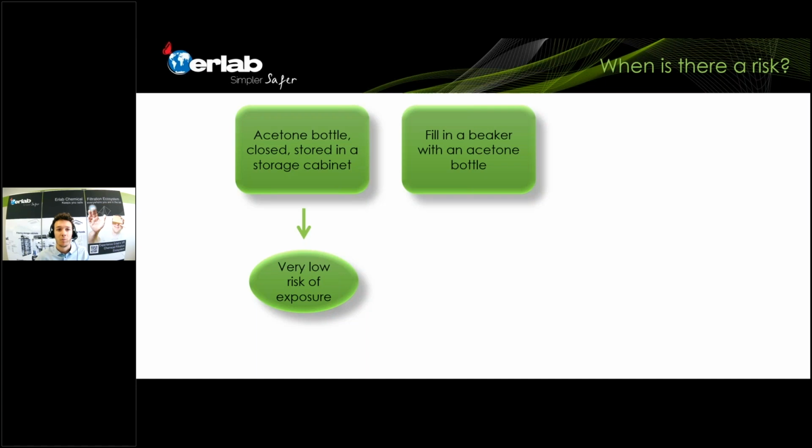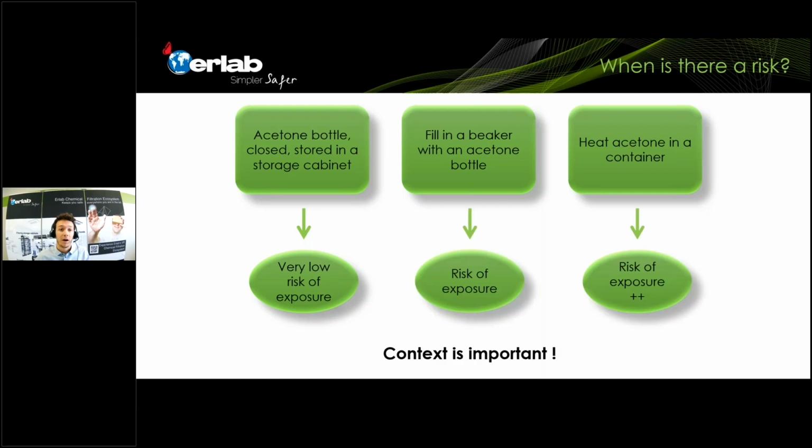However, if you pour the acetone into a beaker, there is evaporation, so the risk will be higher. And if you heat acetone, the risk will be even more present. So context is really important when you talk about risk assessment in the lab and hazardous chemicals, but that's quite obvious, I think.